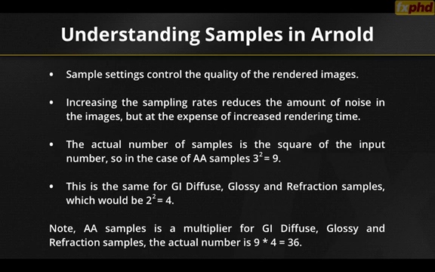So we're basically taking 9 times 4 equals 36. Okay, so when you slide your slider in GI diffuse to 2, you're actually producing 36 samples. Because the GI, as we said, is then multiplied by the AA. So that's really important to remember. It's quite hard to get your head around if you're not used to Arnold.